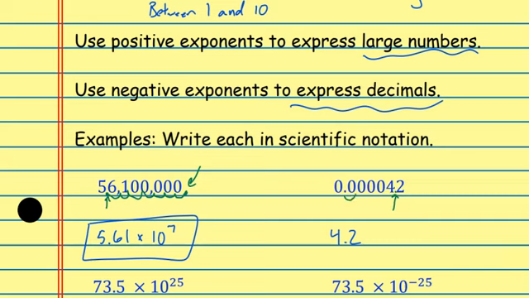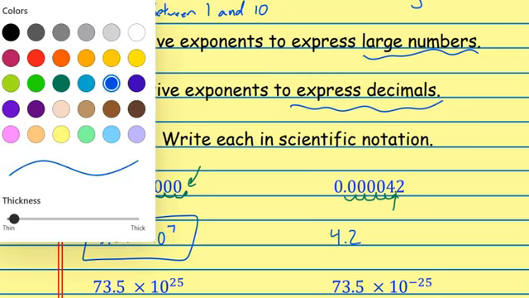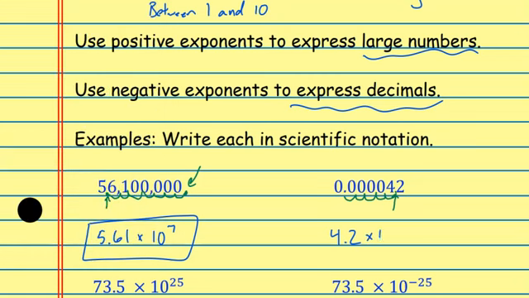The decimal's right here. I moved it 1, 2, 3, 4, 5 spaces. And because it was in the negative direction, I moved it 5 spaces in the negative direction. So I do times 10 to the negative 5th, okay? Because that's what negative exponents do. They divide, they make the number smaller, okay?